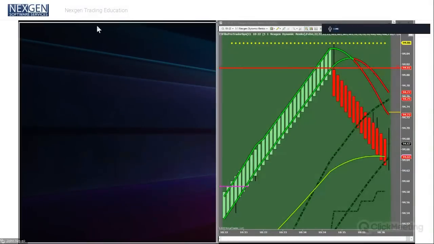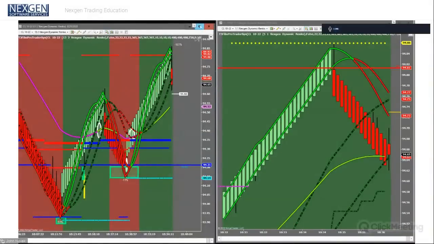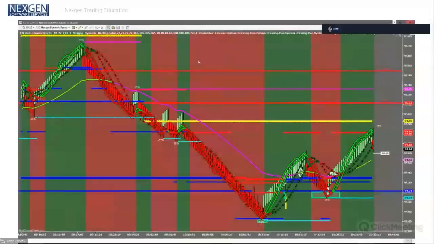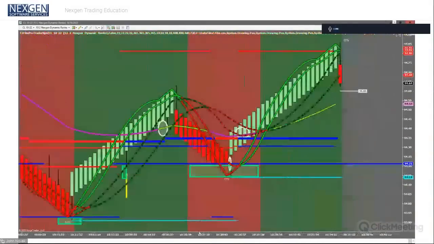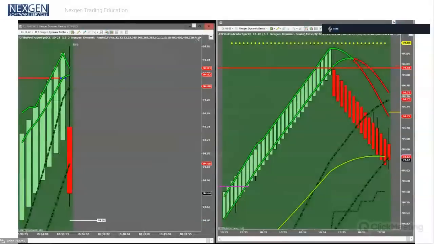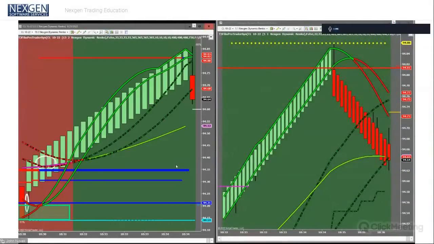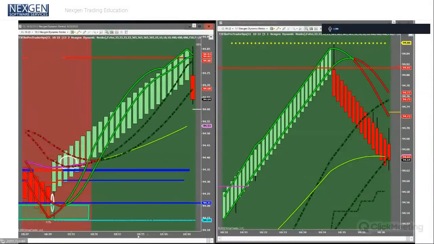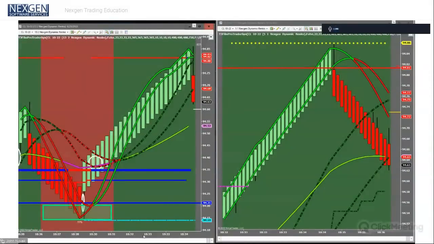All right, let me bring my chart back over. All right, so here we go. That's pretty close, but for me personally, I wouldn't be taking that.